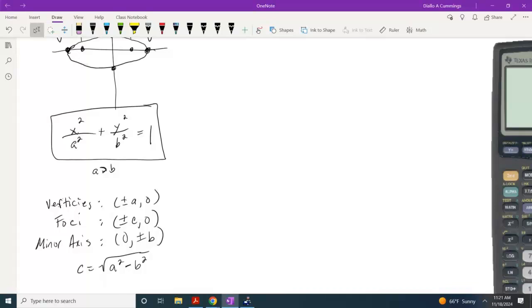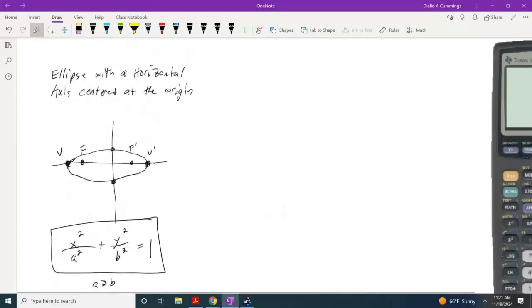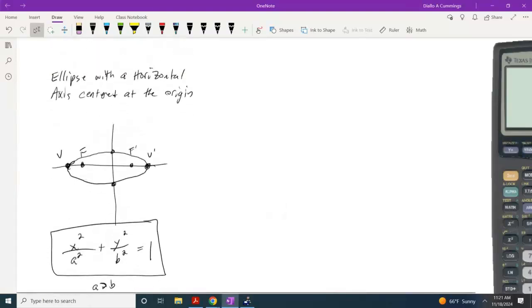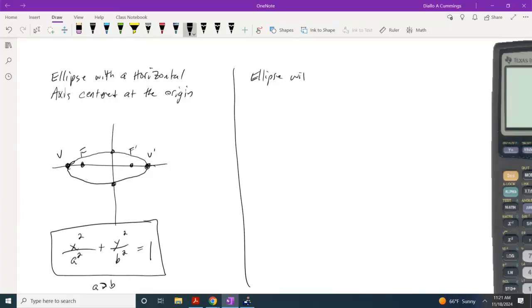All right, now we're going to look at an ellipse with a vertical axis. This is for an ellipse with a vertical axis centered at the origin.